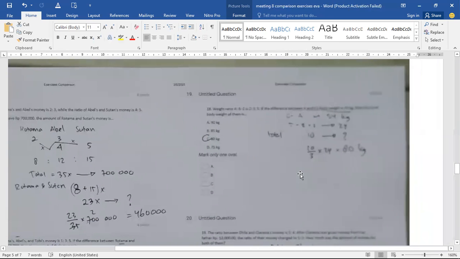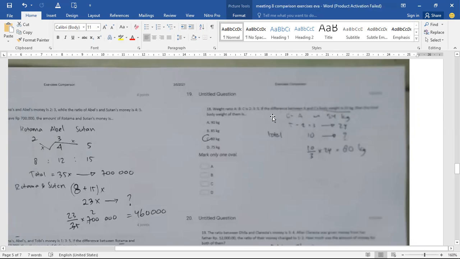Okay, next. Here we have ratio again. A, B, and C is 2, 3, and 5. And then there is a difference between A and C. From 2 to 5 is 3. So because the difference is 24, I can write it as 3 equal to 24. And then they're asking about the total body weight, so 2 plus 3 plus 5 is 10.